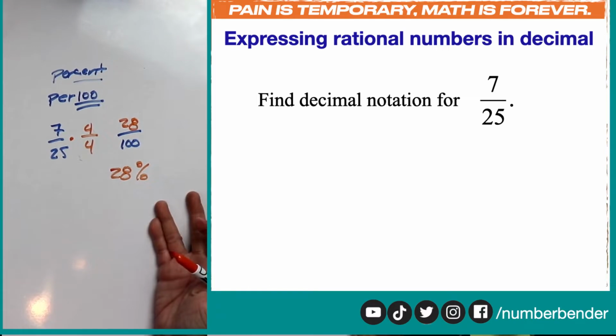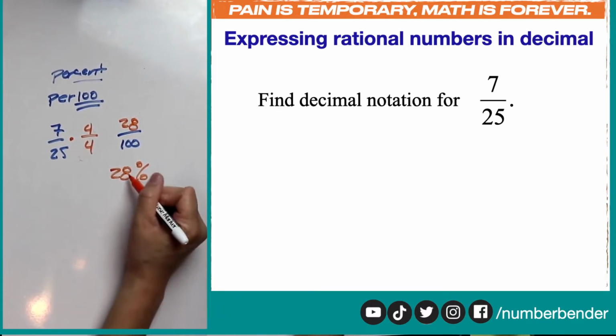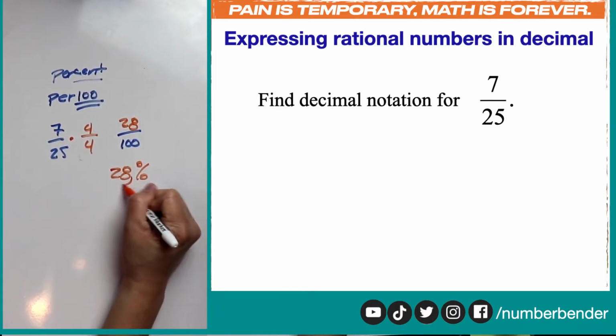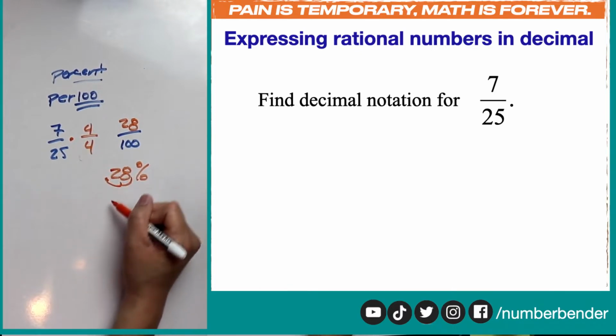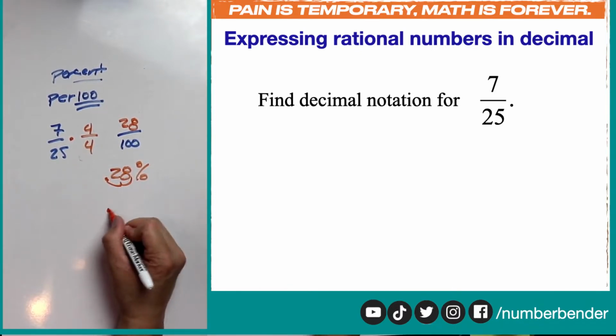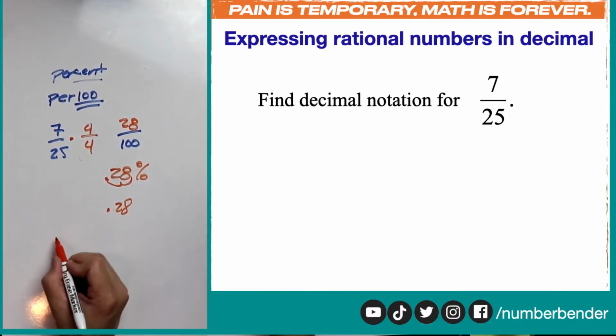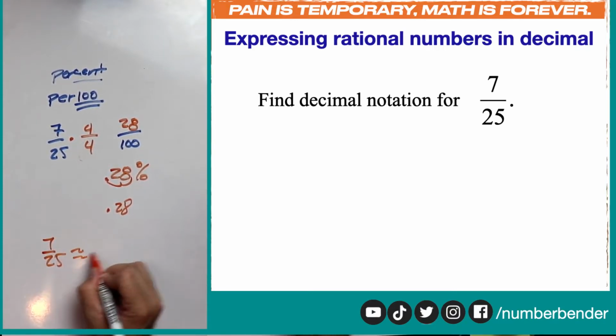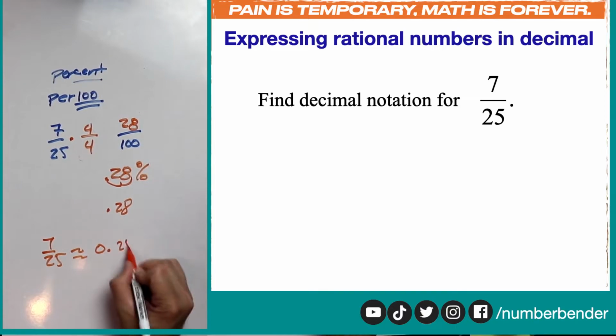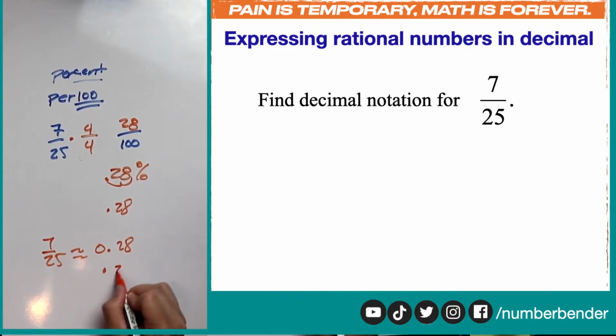Now that we have 28%, we can change this easily into decimal, because all we need to do is move our decimal point 2 places to the left, so we have 0.28. So it's safe to say that 7 over 25 is equal to 0.28 in decimal form by using this technique.